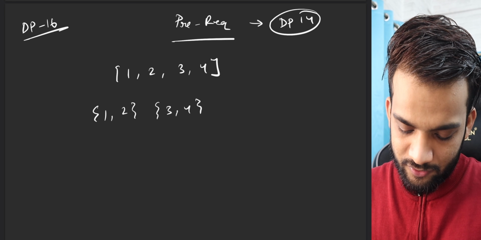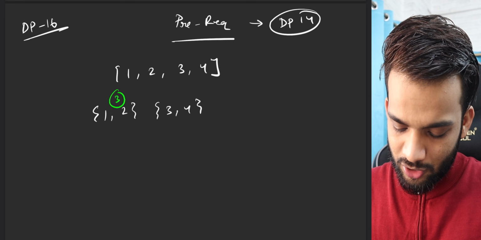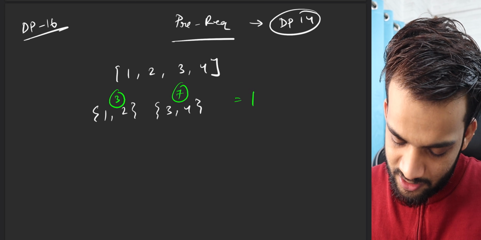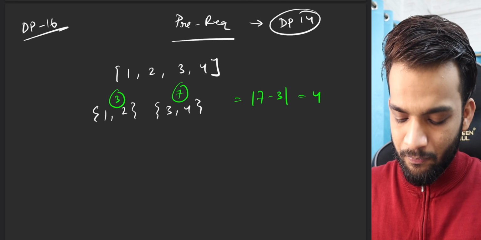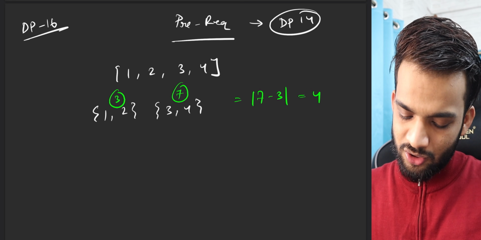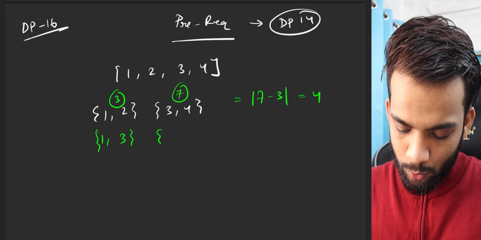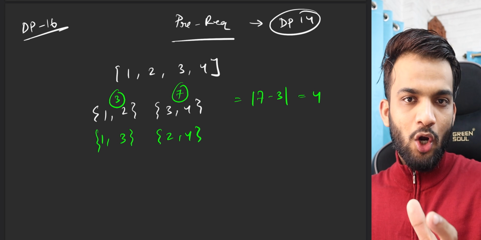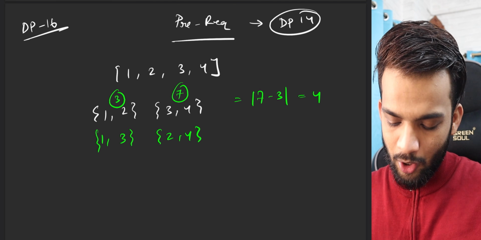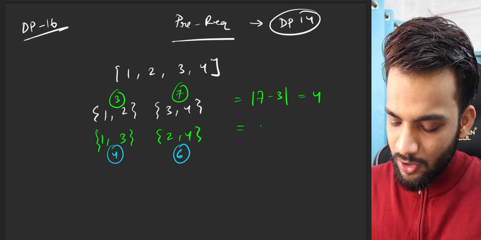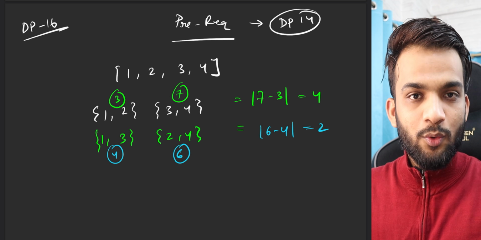The summation of this one will be 3, and the summation of the other is 7, and the absolute difference is 7 minus 3, and that's 4. This can be one of the partitions. Or the other partition is 1, 3 and 2, 4, where 1, 3 belong to one subset and 2, 4 belong to the other. The summation is 4 over here and 6 over there. So 6 minus 4 is equal to 2.